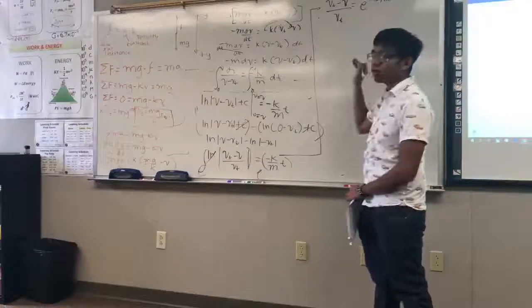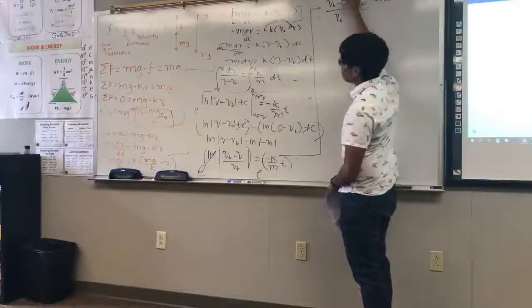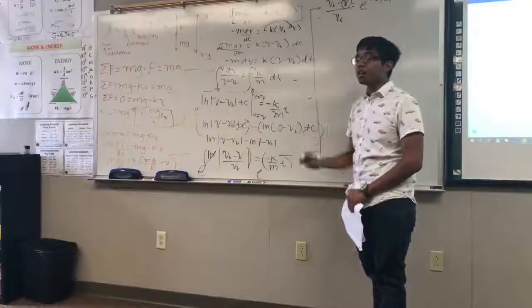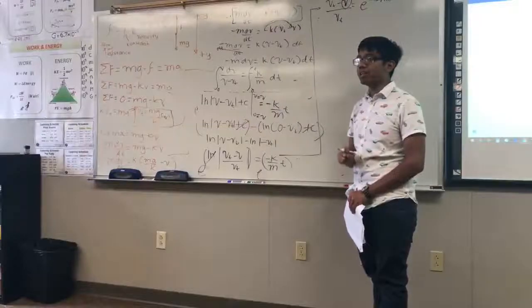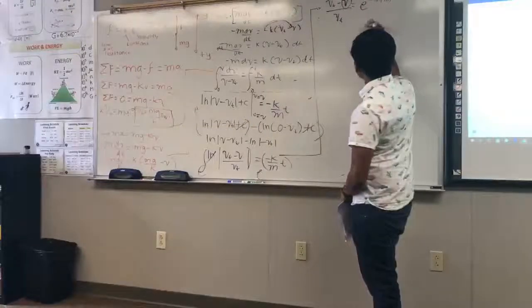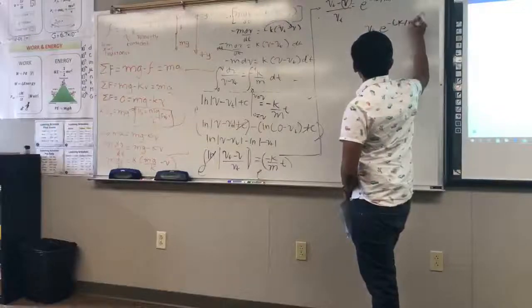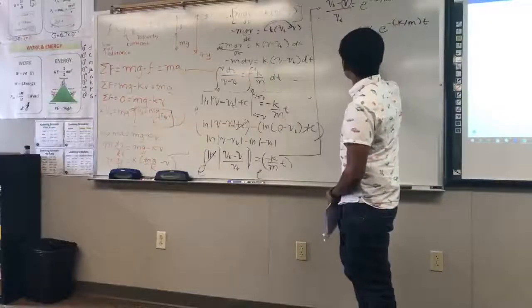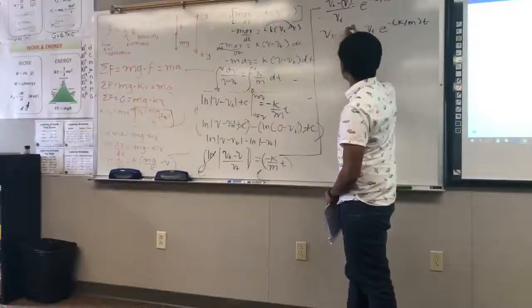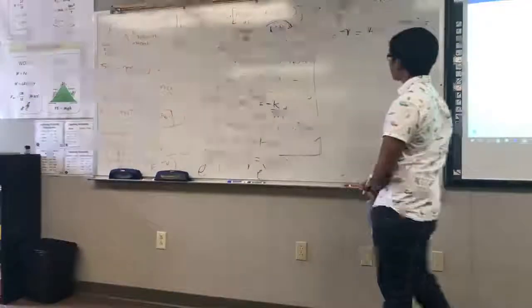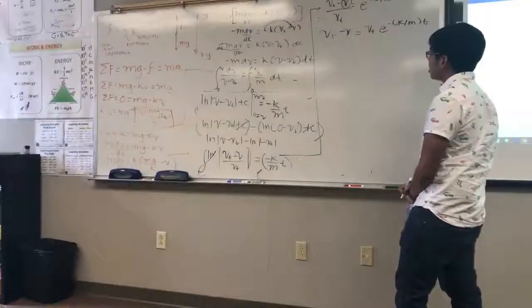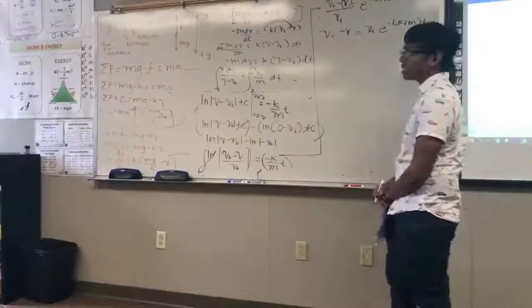What do I want in here? I want to isolate this equation because that tells us the velocity at any time period. Then there's two more steps I can do.